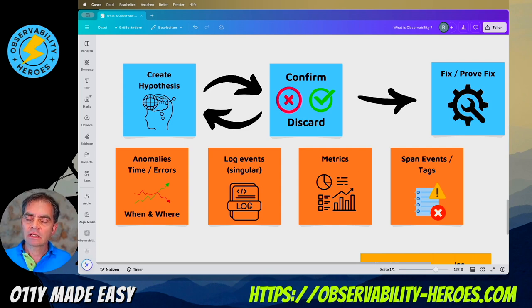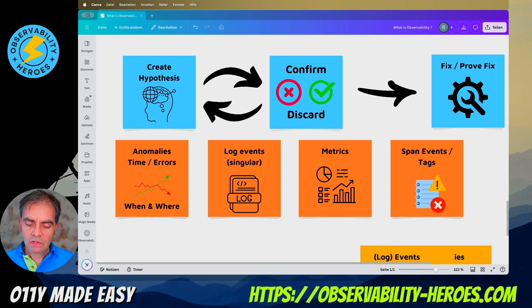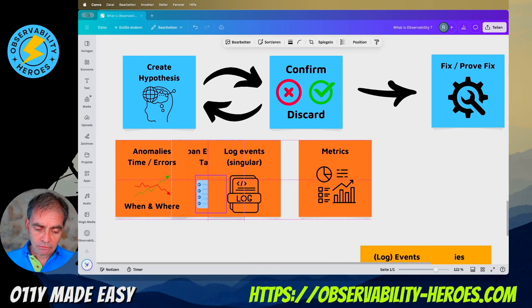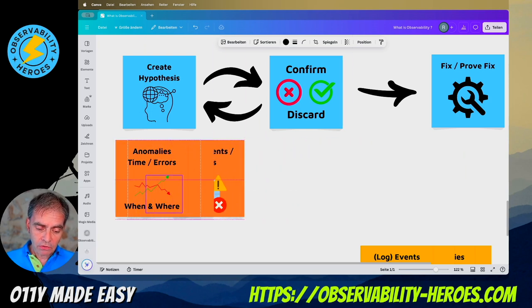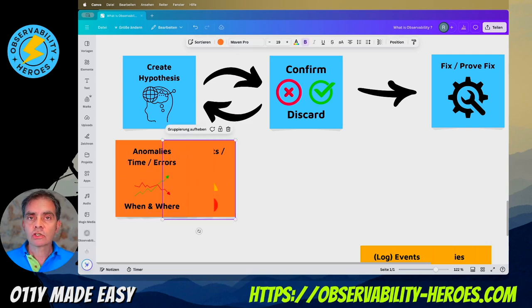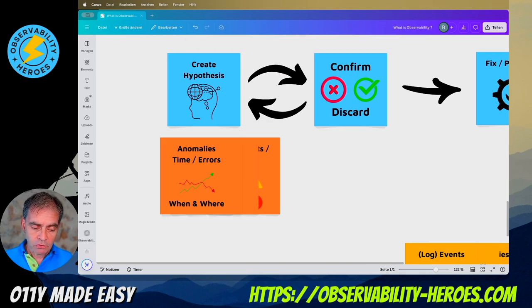And traces and span events are much better. They contain tags and they make it easy to connect the dots and get the correlations. So those are the things that we need to actually start to create a hypothesis and also do the first confirmation or discarding.